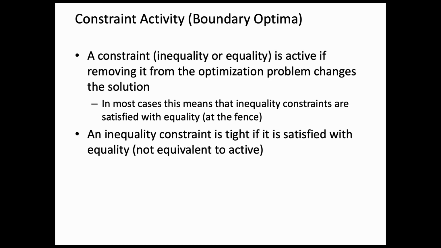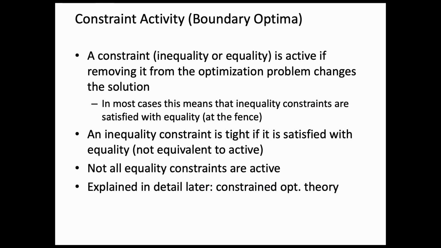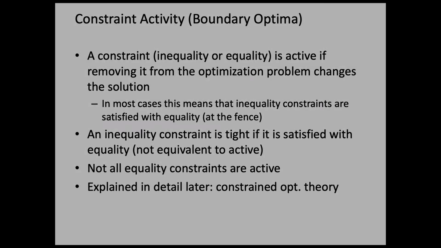This term tight includes all constraints that are active, but it's not equivalent to being active, because it's possible to have a constraint that is tight or satisfied with equality that is not active. We're going to discuss this issue in a lot more detail later in class when we cover inequality constrained problems.